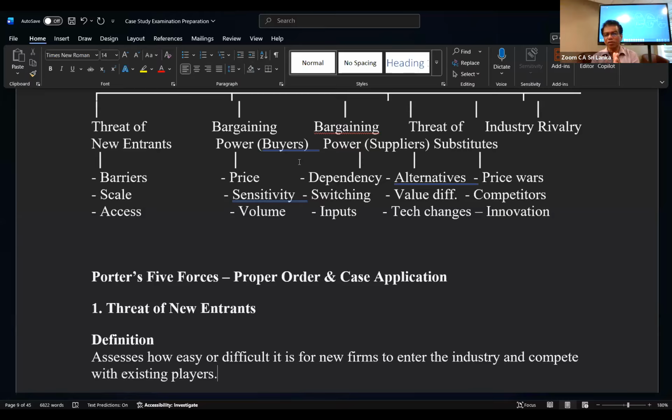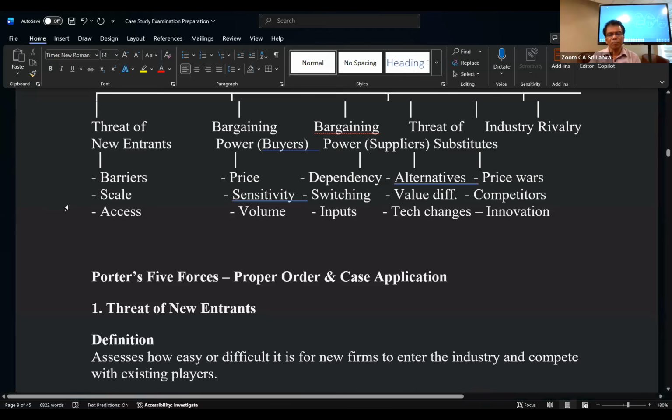Threat of substitutes: whether there are any substitutes for this EV. If there are none that bring in a low cost method, there is no bargaining power for that. Industry rivals: for a short period there will be low prices, but once everything is balanced and in equilibrium, these bargaining powers will change again.